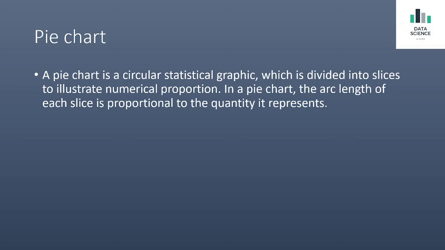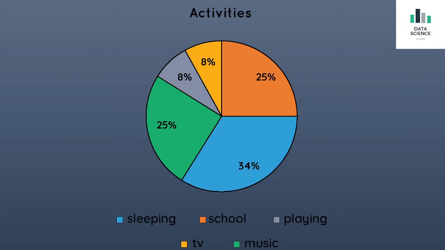The last line, guys, here is very important. In a pie chart, the arc length of each slice is proportional to the quantity it represents. For example, here 8%, the arc length of the 8% should be less than the arc length of the 25%.